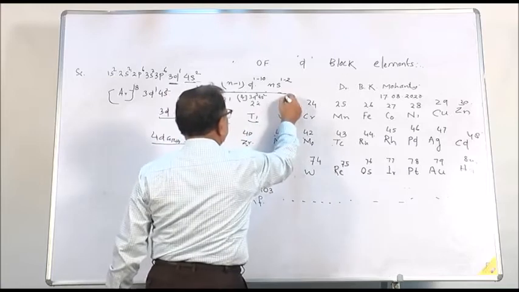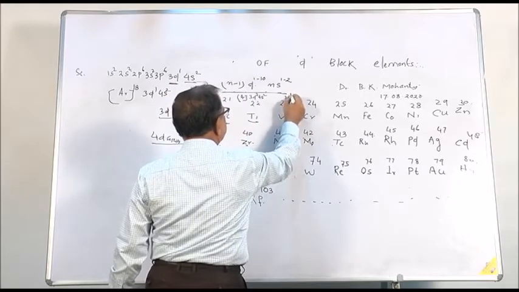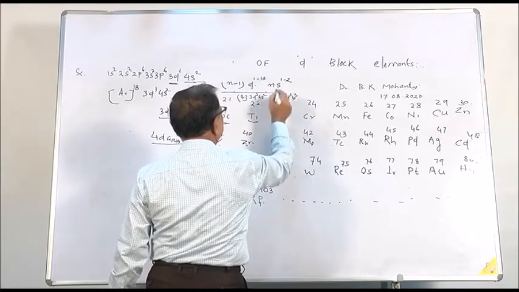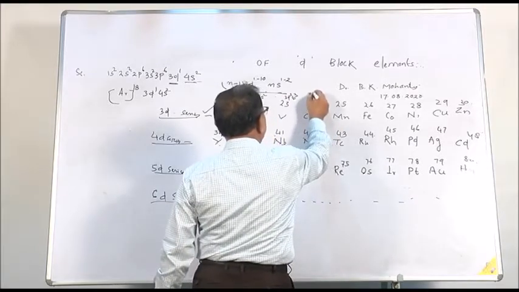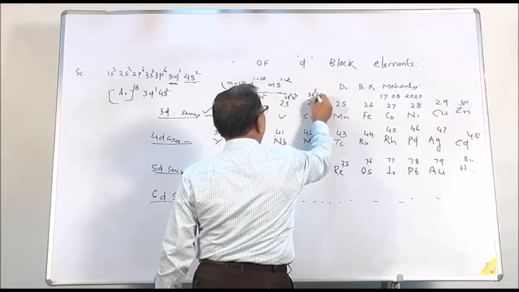Vanadium, argon 3d3, 4s2. Chromium is exceptional, it will be 3d5, 4s1.